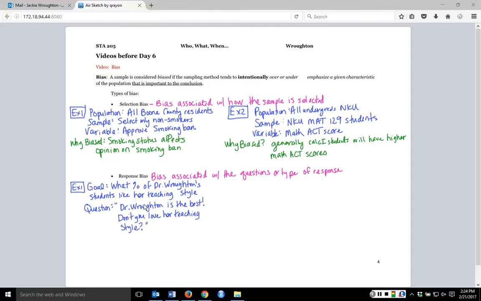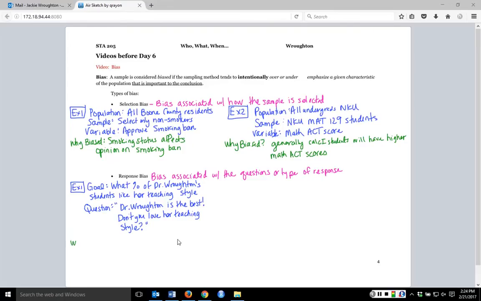I've written that question in a somewhat biased way. So why is that biased? So if you read this question, does it lead to a certain type of response? Right, I'm kind of giving you my opinion here. She's the best. Don't you love her teaching style? With the way that question is phrased, it's leading toward a yes response.